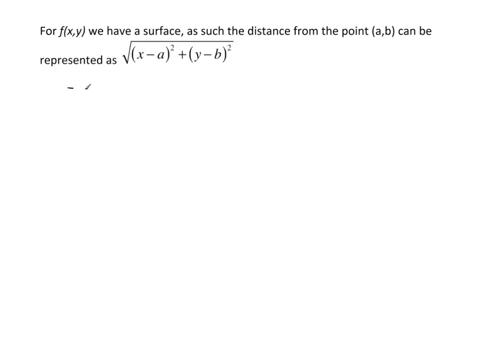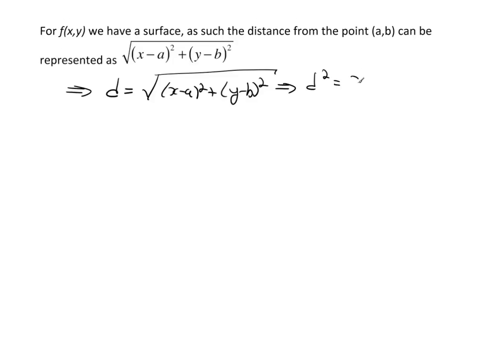So I can represent this as my distance d equals the square root of (x minus a) squared plus (y minus b) squared. Well, that would then imply that d squared equals (x minus a) squared plus (y minus b) squared, which for fixed values of d, we actually get concentric circles.